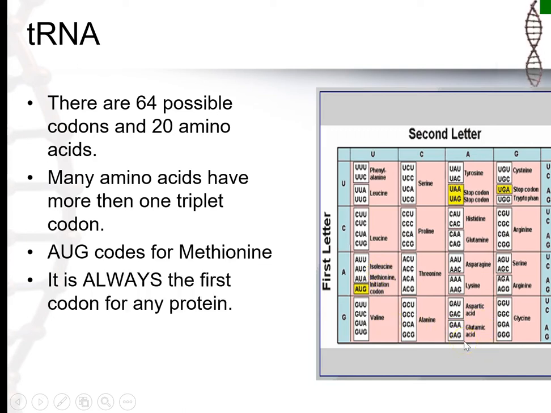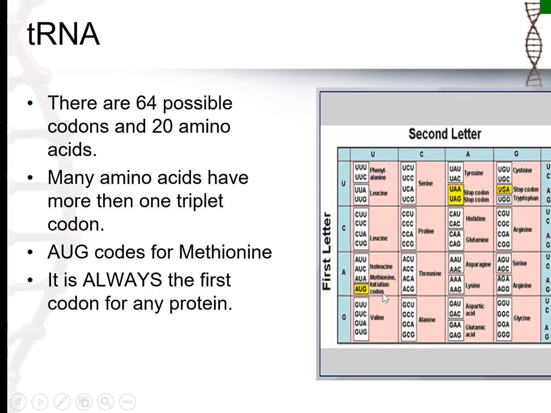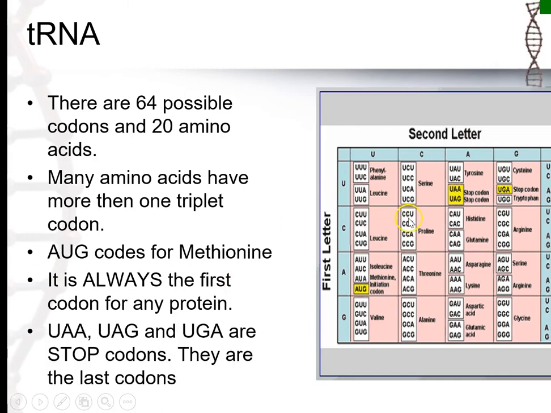Glutamic acid. But the most important is every protein starts with AUG, or methionine. And there are the stop codons, UAA, UAG, and UGA.